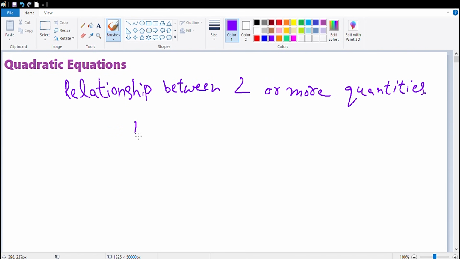So it can be like F is equal to W, force is equal to weight, or it can be like W is equal to mg, weight is equal to mass, the product of mass and gravitational acceleration.